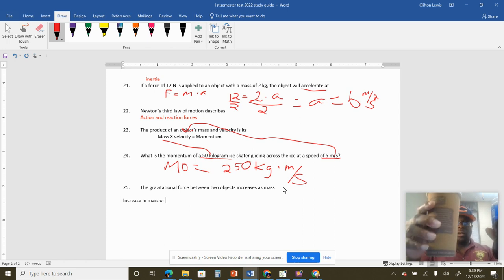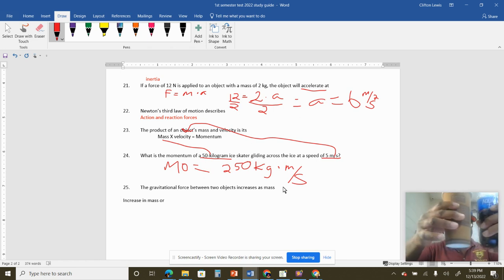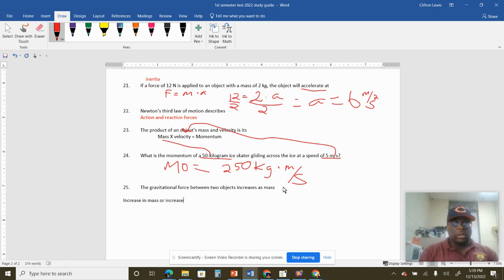So mass and distance. Will the gravitational force increase the further they are apart, or the closer they are? As we shorten that distance, it will increase. So the gravitational force between two objects increases as the mass increases, or the distance decreases.